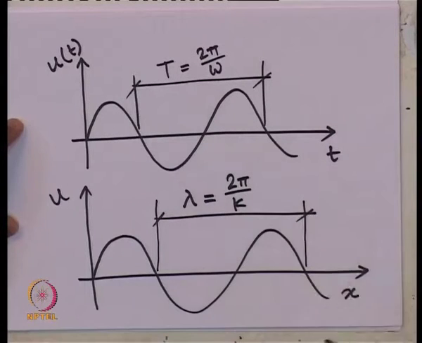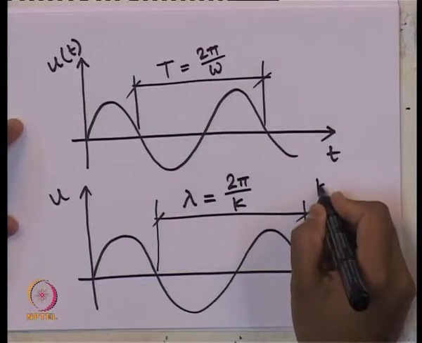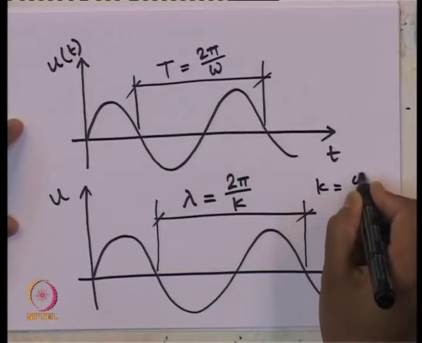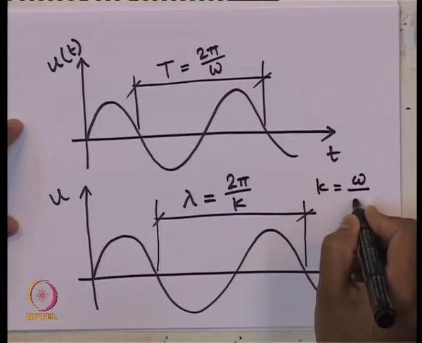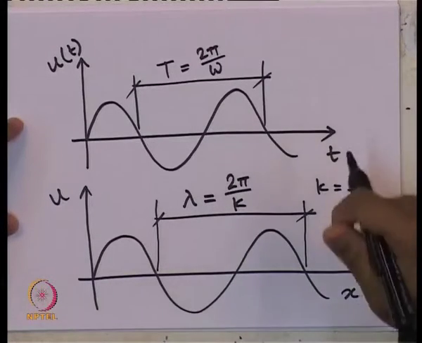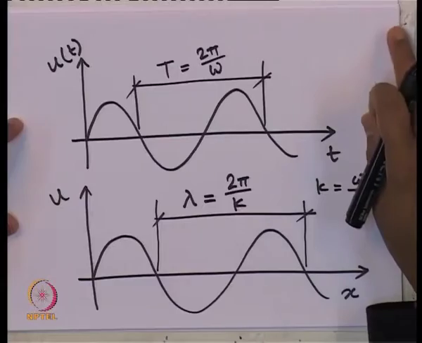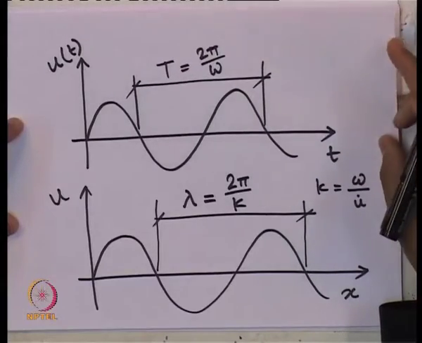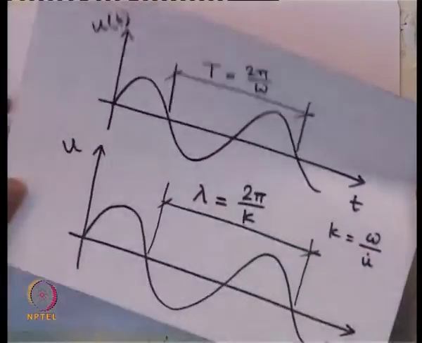And how they are related, that also I have mentioned. This kappa is nothing but omega by the velocity. So, that way both the terms are related to each other.